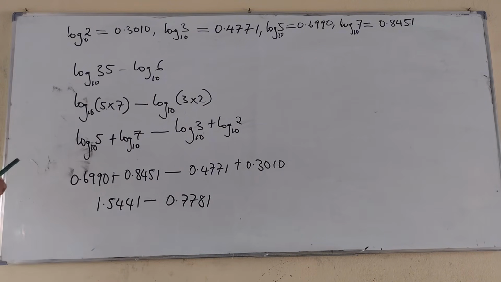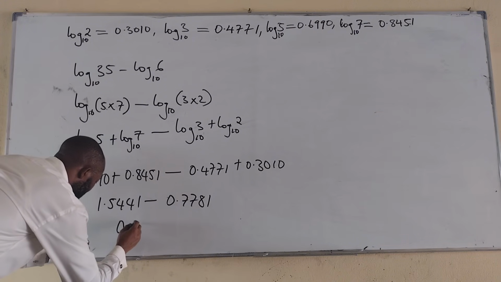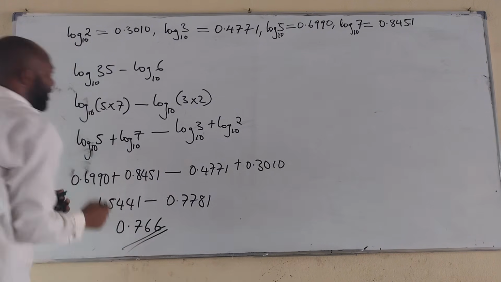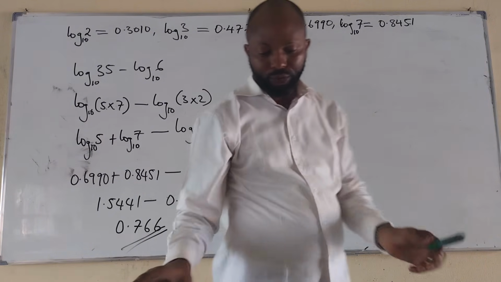So when I subtract this from that, 1.5441 minus 0.7781 is 0.766 as our final answer. So this is how substitution goes.